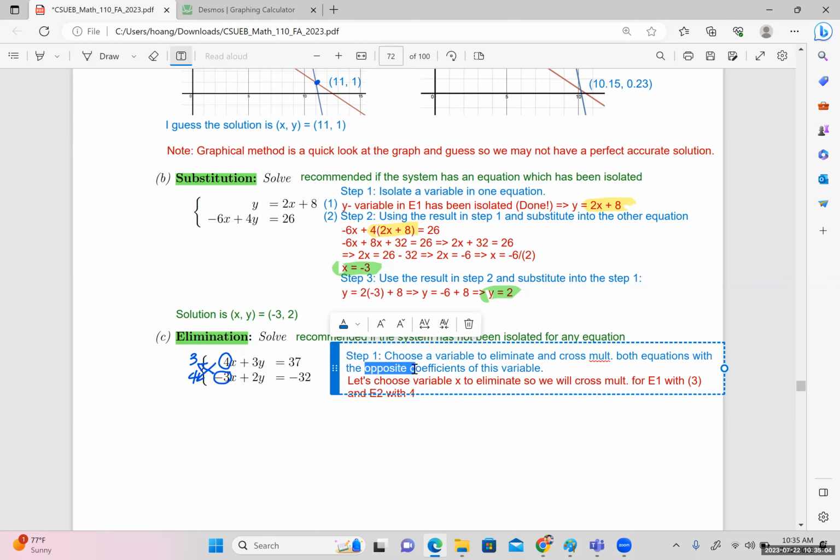Cross multiply with their equation, and try to make a new coefficient with opposite sign. That makes it better.